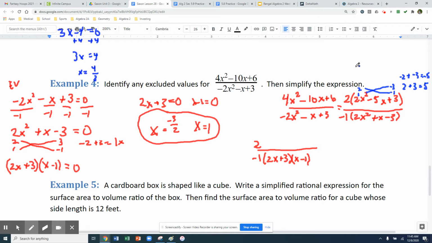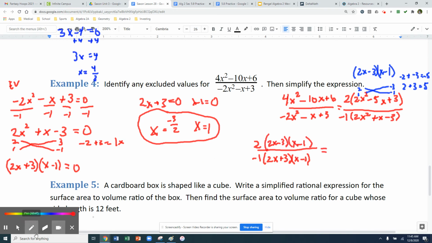Okay, so that means my two factors will be 2x minus 3 and then x minus 1. So there's going to be my two factors that I'll use, and we'll rewrite those over here. We'll get 2x minus 3 times x minus 1.